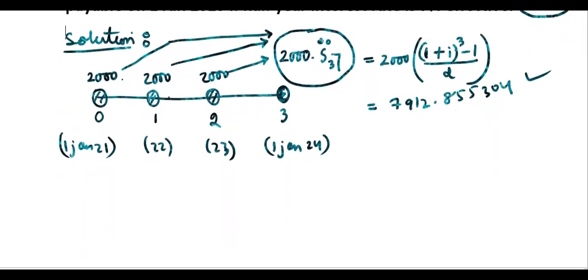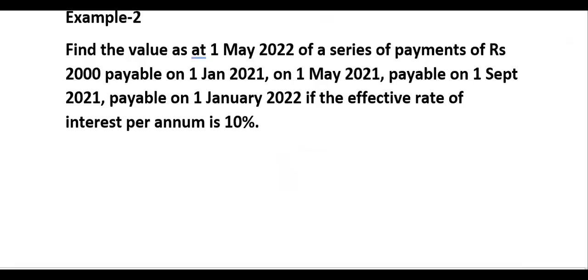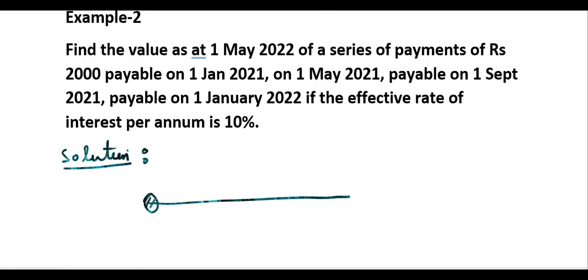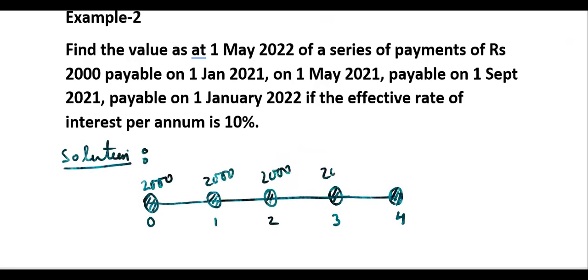Let's proceed further. Second problem. Here 0, 1, 2, 3. I think there are four payments. 2000 here, 2000 here, 2000 here, 2000 here.